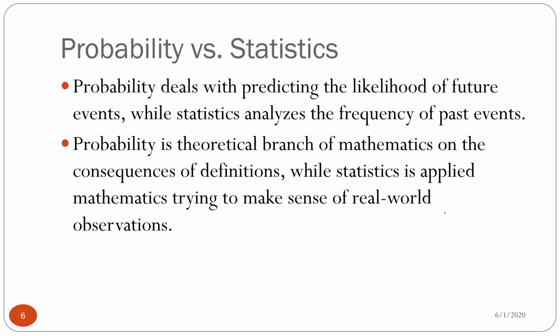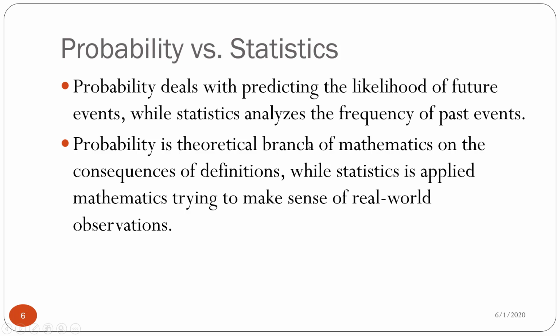Let's move on. Now we have reached a point where we will discuss the difference between probability and statistics. Probability is a theoretical part of mathematics. As we have already seen, probability deals with the predictions that we make about a future event.